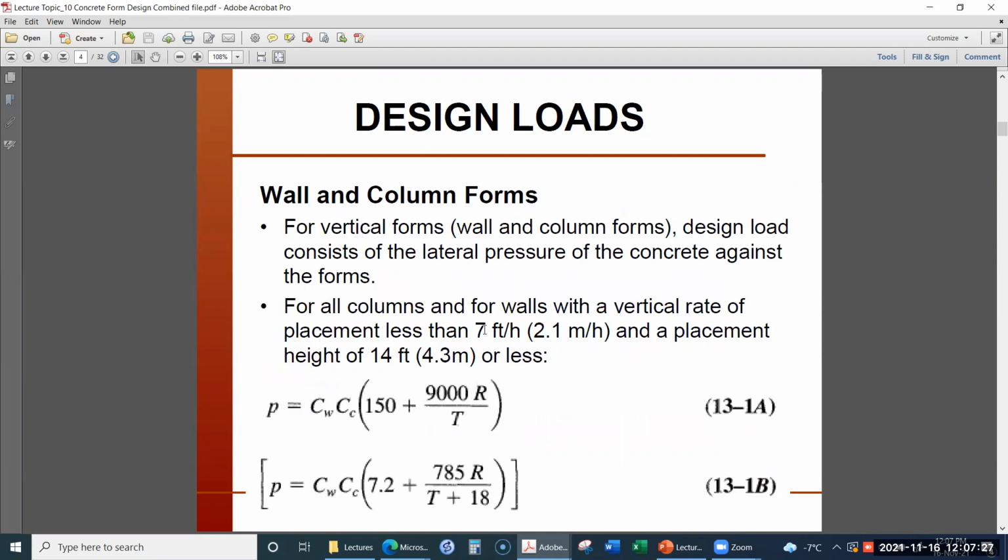When we want to design the forms, we have to consider different types of design loads.